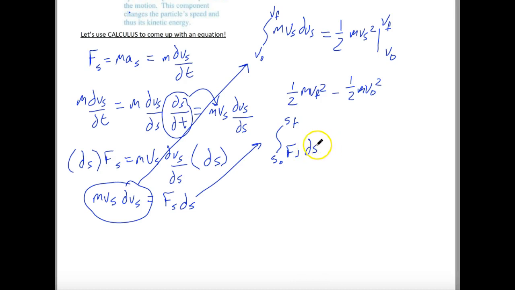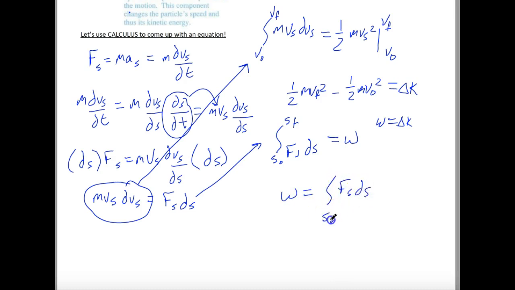Oh, interesting, right? So here we've got the change in kinetic energy on the left, and on the right we have this guy. So this, remember, is equal to change in kinetic energy. And so because this is equal to change in kinetic energy, and this is equal to work, and we know that work is equal to the change in kinetic energy, we can say work is equal to the integral of F_s ds.